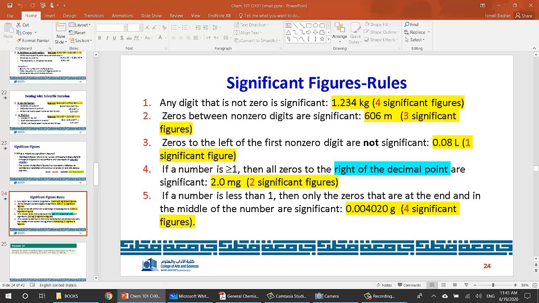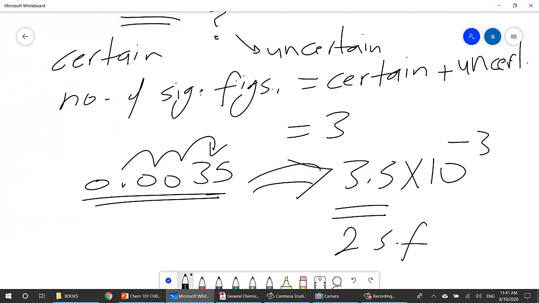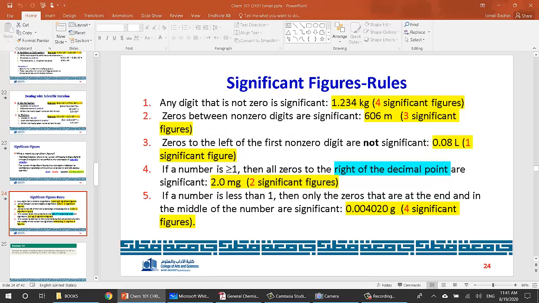Zeros to the left, with the existence or non-existence of a decimal point, they don't count. 0.08 has only 1 significant figure. Just like this example, 0.0035, those zeros to the left don't count, so we have only 2 significant figures.